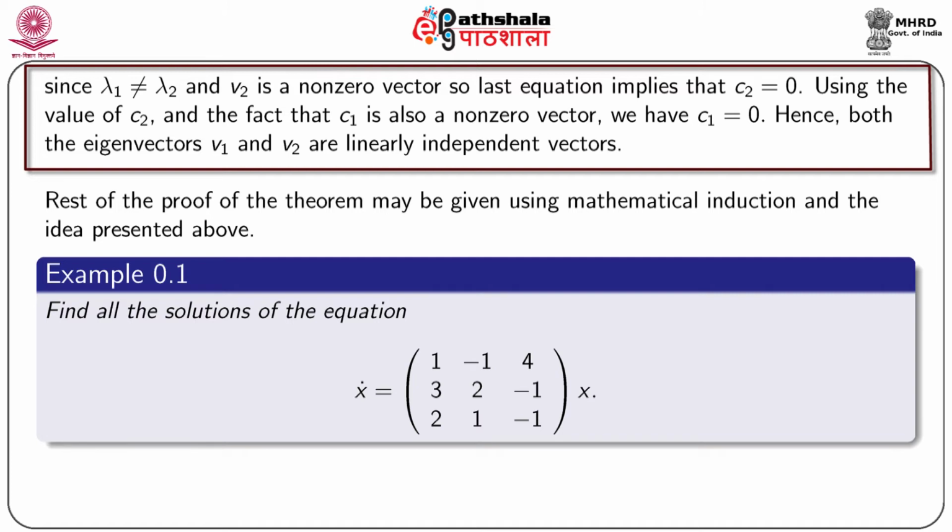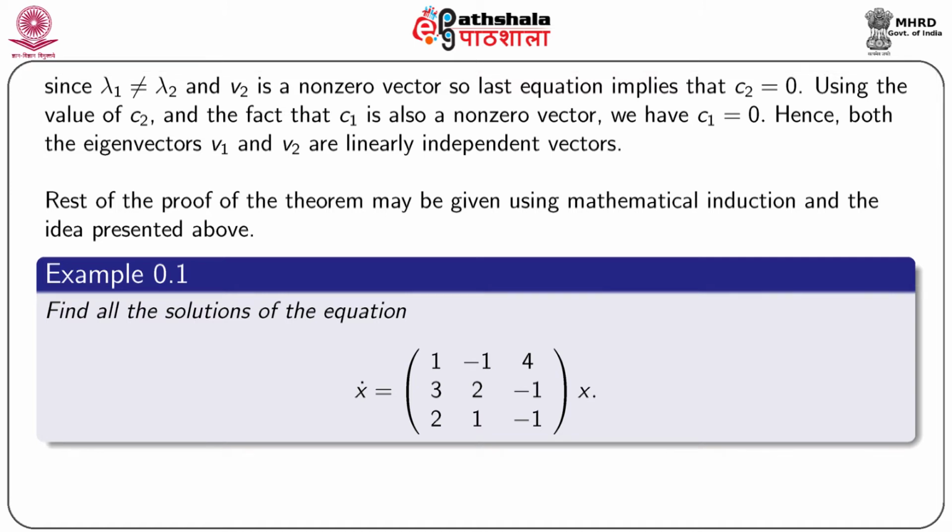Using this value of c 2, and the fact that v 1 is a non-zero vector, we will conclude that c 1 is also 0, and hence both the vectors v 1 and v 2 are linearly independent vectors.